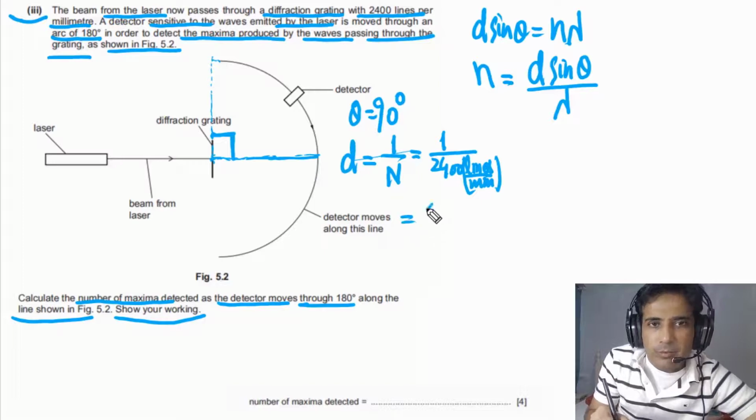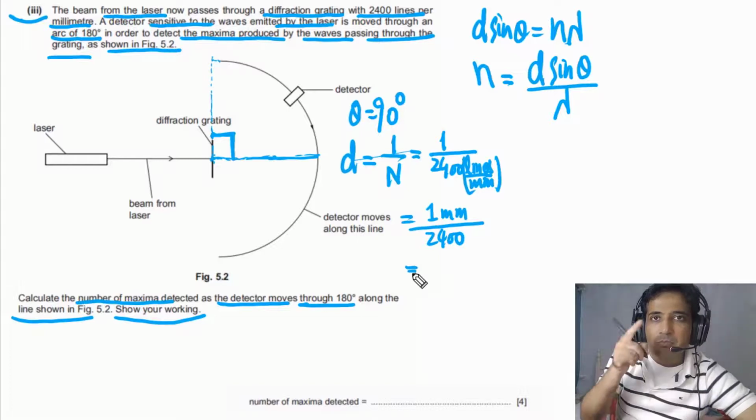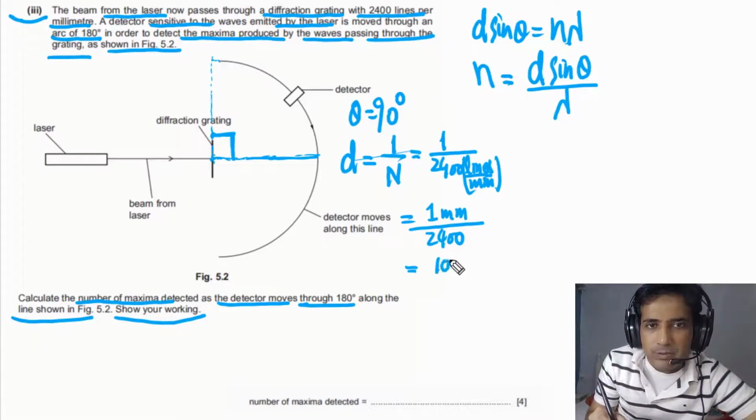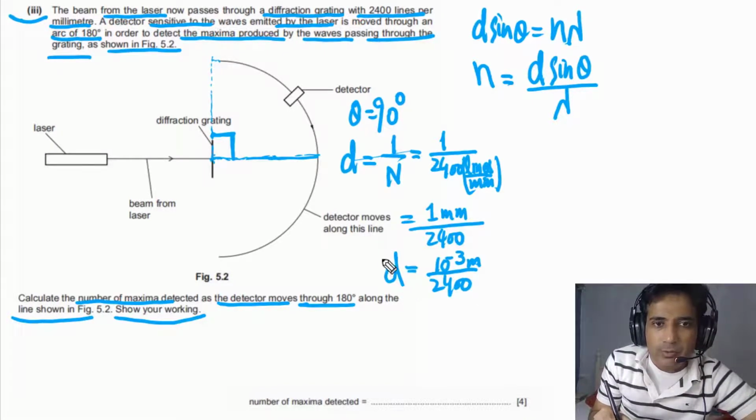Or we can write we have 1 millimeter that is divided into 2400. We need to convert millimeter into meters now. 1 millimeter is equal to 10 to negative 3 meters. So here is meter, and this is divided by 2400. So this is the value of d.